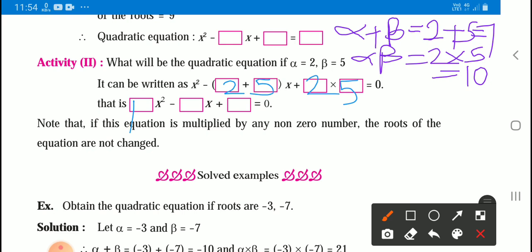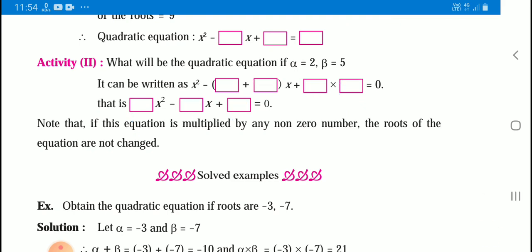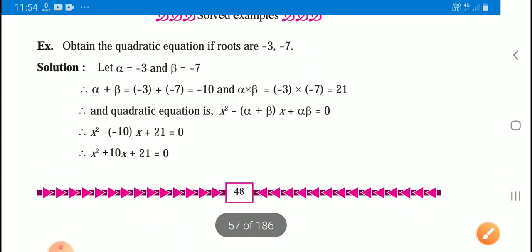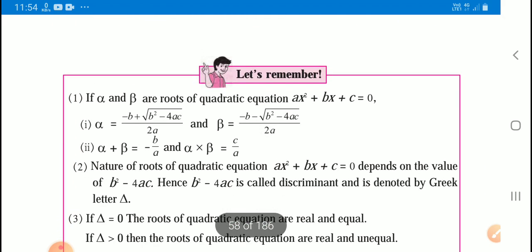Then here 2 plus 5 is 7, and 10. Okay, so in this way you have to solve the equations by using the formula x square minus (alpha plus beta) into x plus alpha beta is equal to 0.